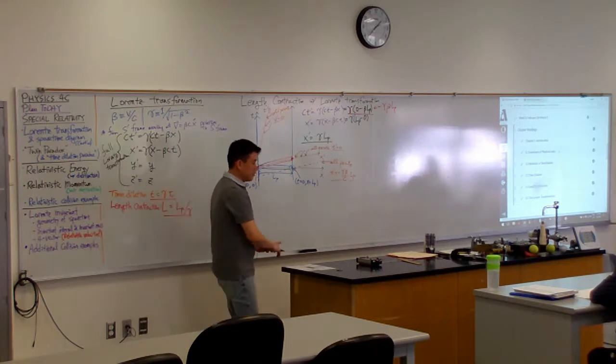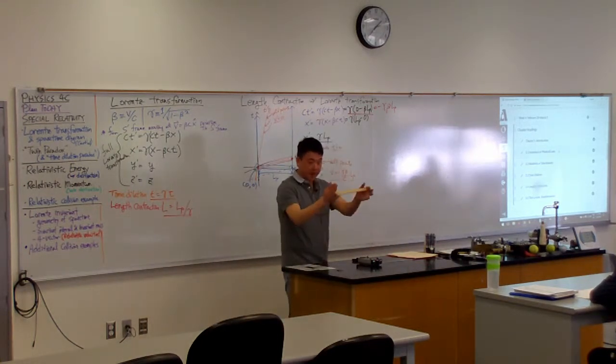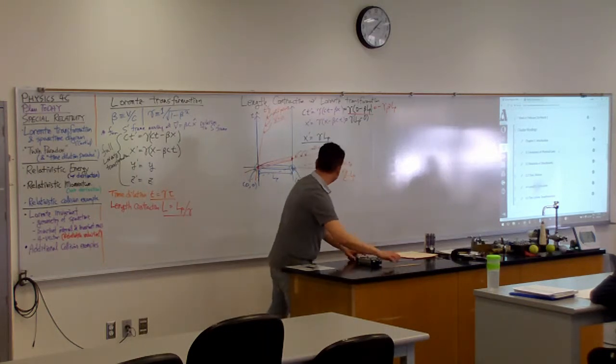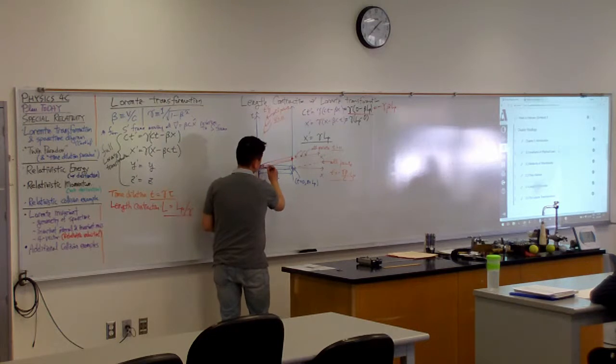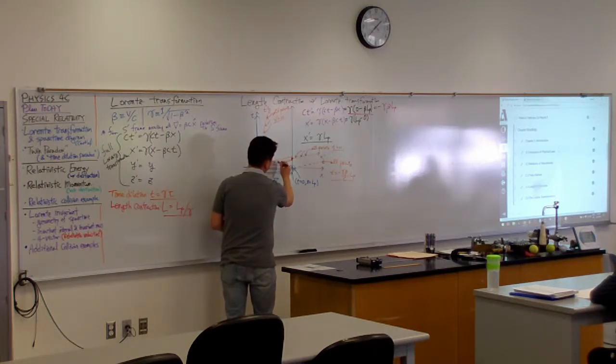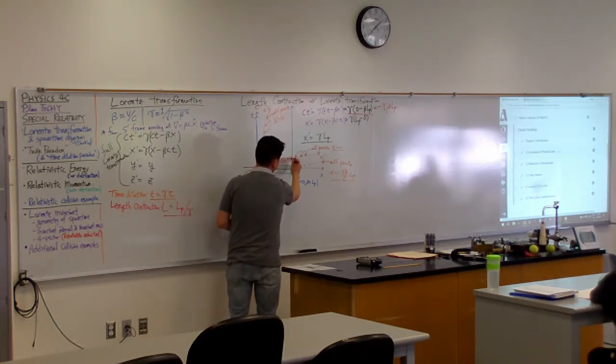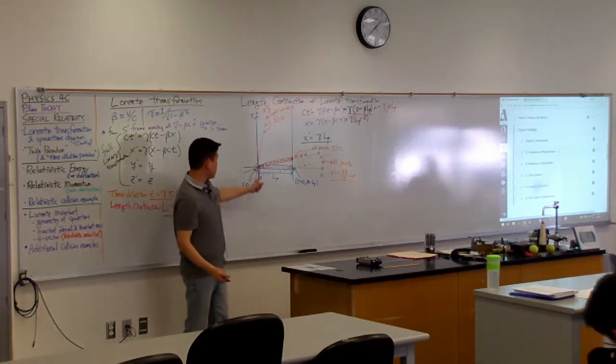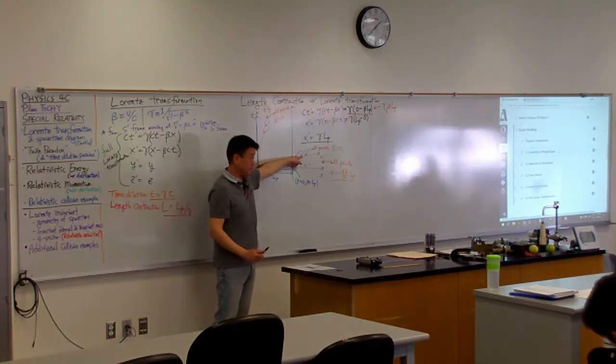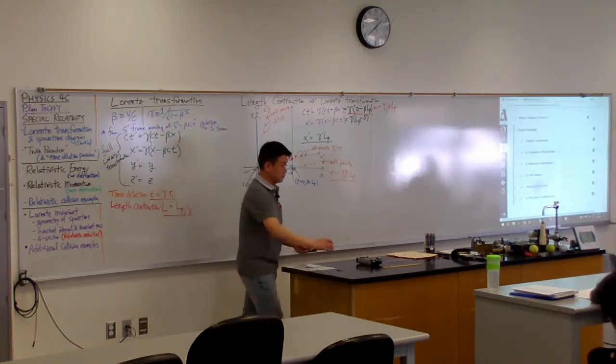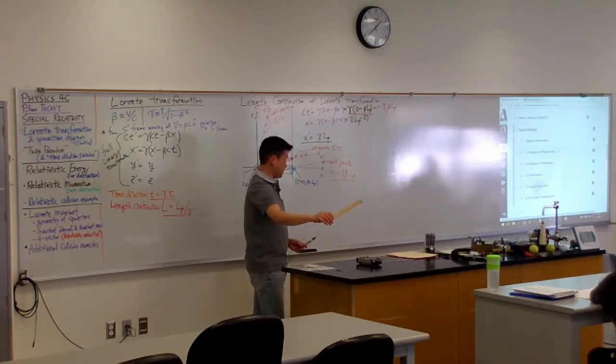So let's say you are not satisfied with measuring the end point. You want to take a picture or measure the position of every single point on the ruler. Then these are the points that represent the measurements you are making. In your reference frame, these are the points of simultaneity. But in this ruler's reference frame, it's not.